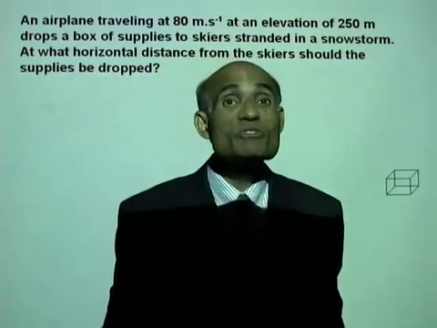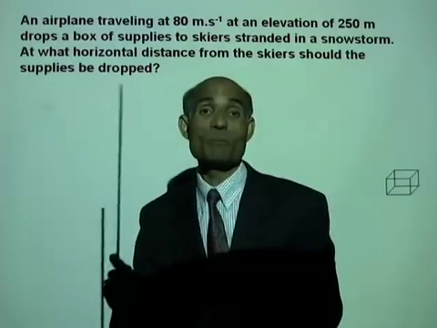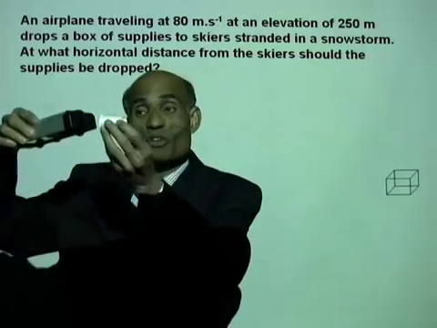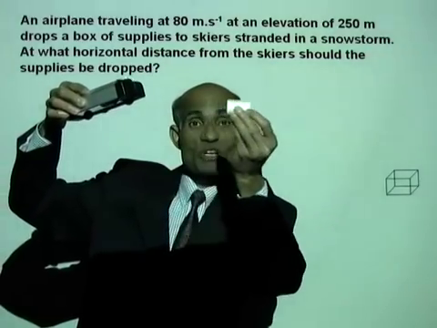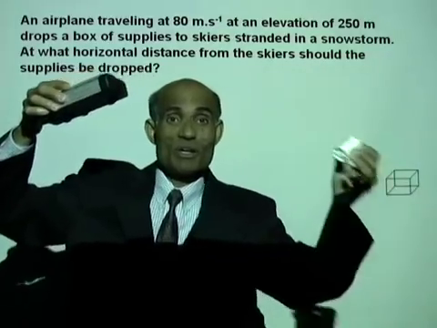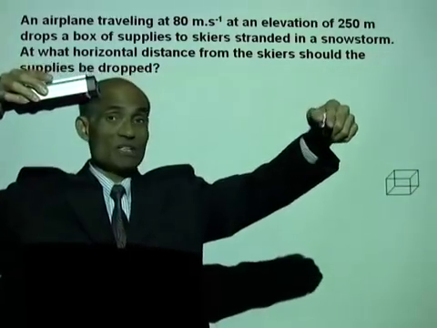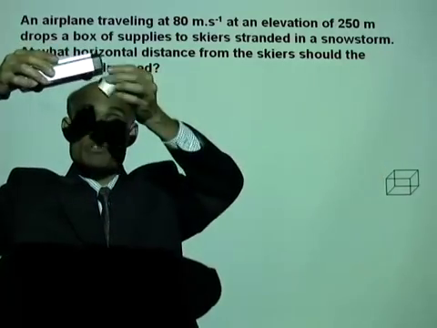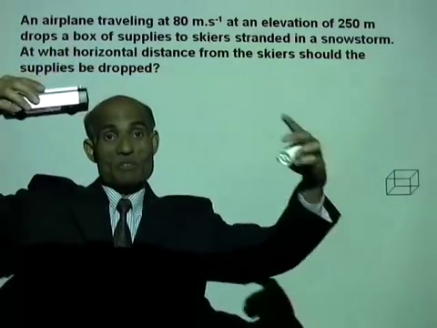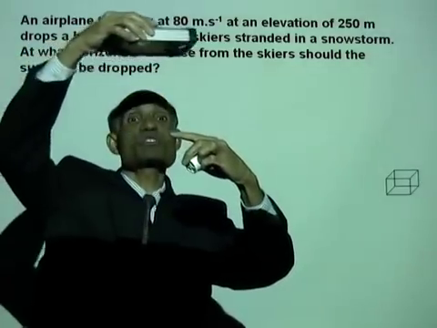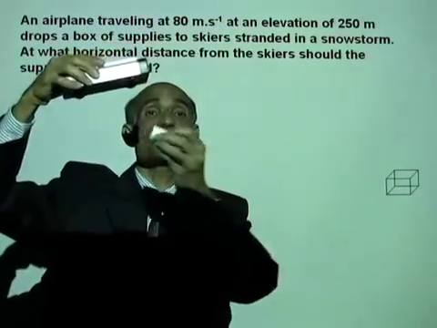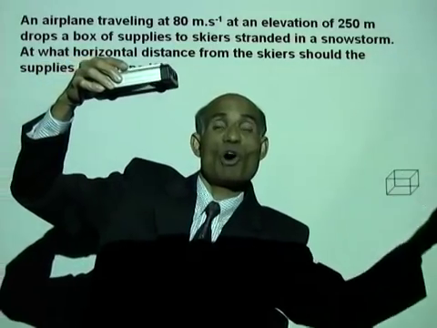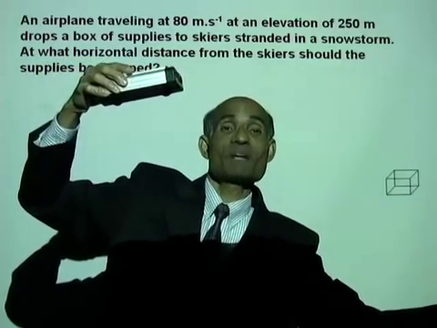Now what the pilot has to figure out is, you see, because the box will travel a certain horizontal distance. If those poor people are stranded, say somewhere there, the pilot needs to release the box much before he reaches directly above those stranded people. Then only the box will travel and fall where those people are stranded.